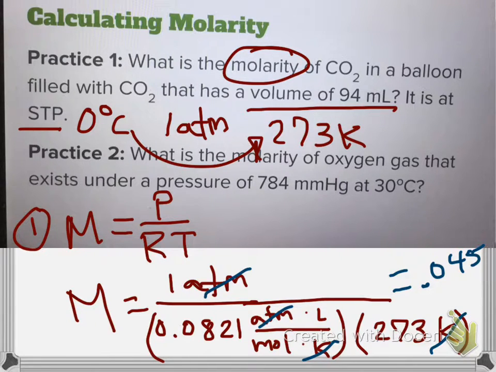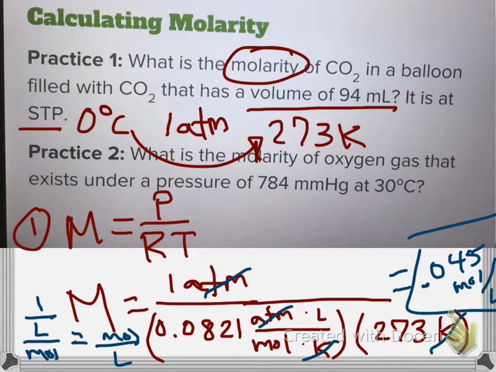And now we need to look at the units. Well, on the bottom we have liters per mole. So what we really have is 1 over liter over mole, which is equal to mole over liter. So we have 0.045 mole per liter, which is molarity. So that would be our answer.